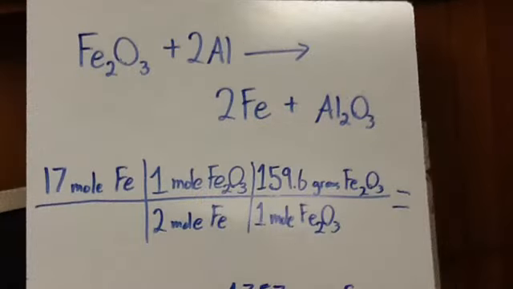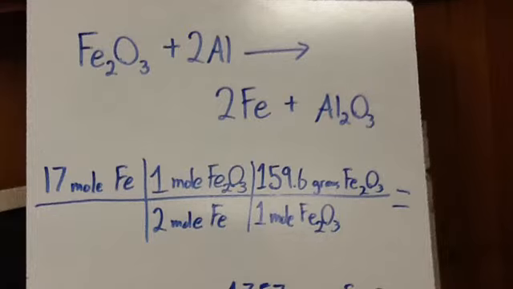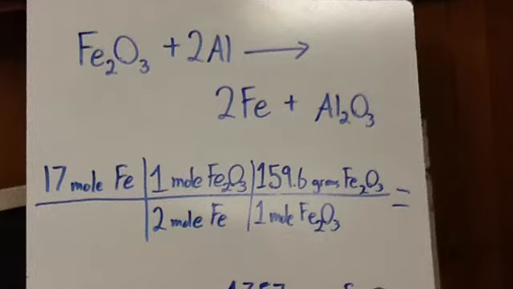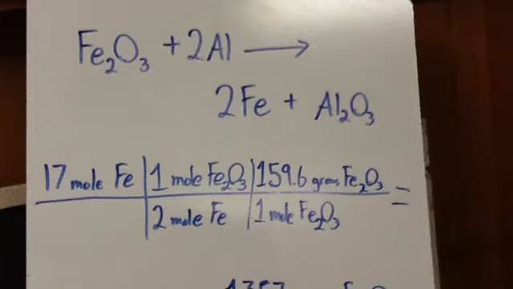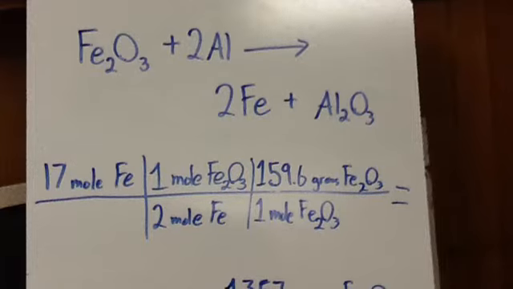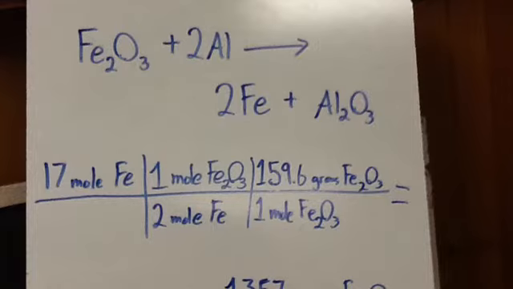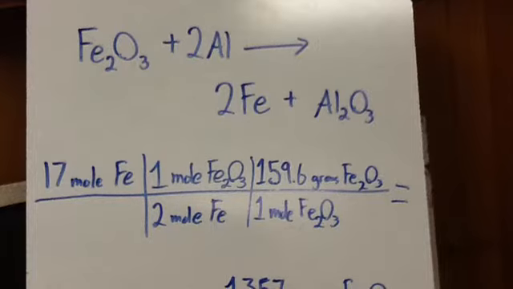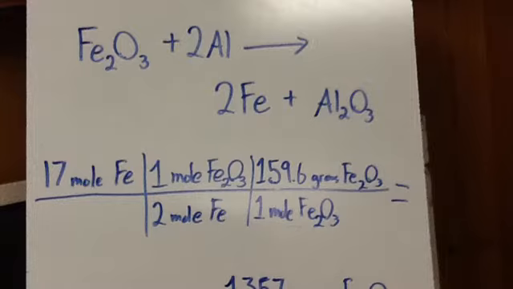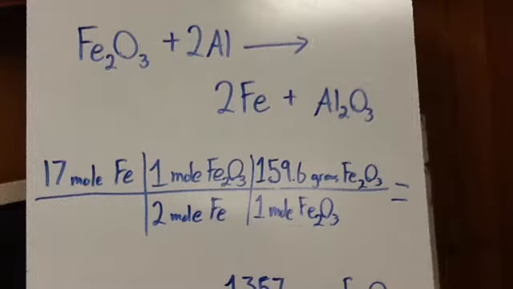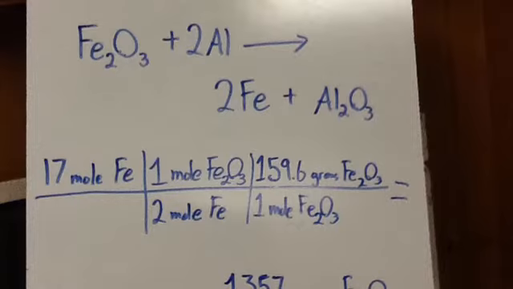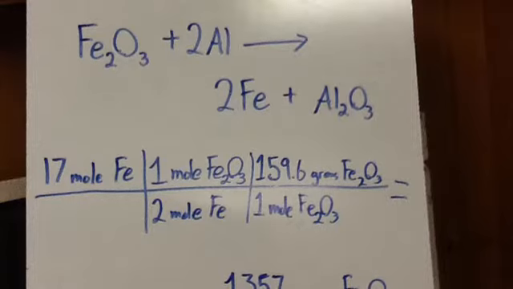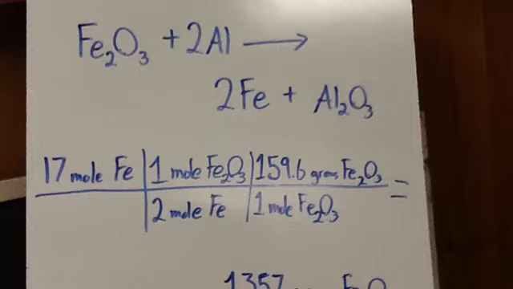In our bridge, we are now putting in the actual numbers, so it's 17 moles of iron times 1 mole of iron 3 oxide divided by 2 moles of iron times 159.6 grams of iron 3 oxide divided by 1 mole of iron 3 oxide. So, as we see from left to right, since moles of iron are on top and on bottom, they will cancel out.